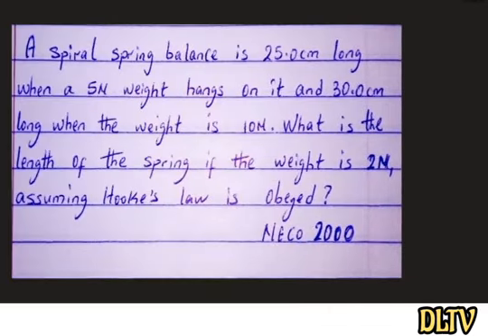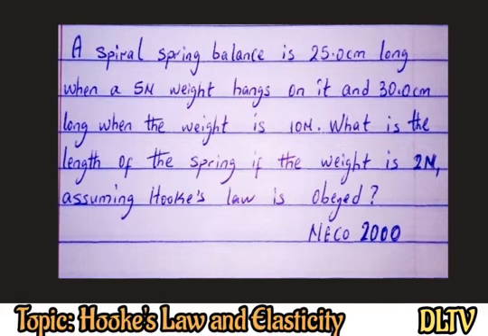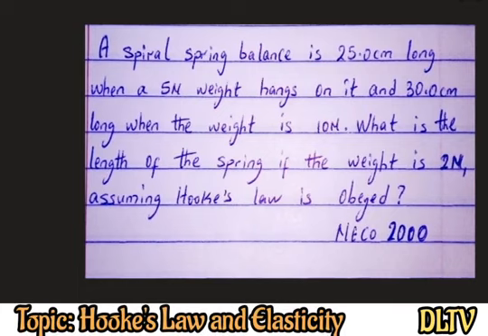It says a spiral spring balance is 25.0 cm long when a 5 Newton weight hangs on it, and 30.0 cm long when the weight is 10 Newton. What is the length of the spring if the weight is 2 Newton? Assuming Hooke's law is obeyed.